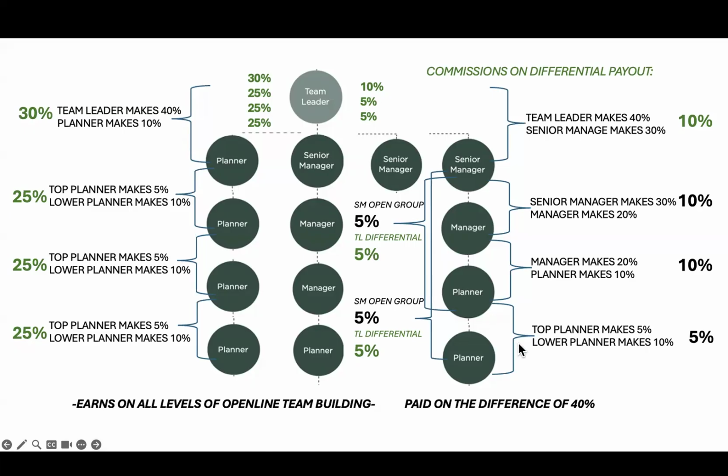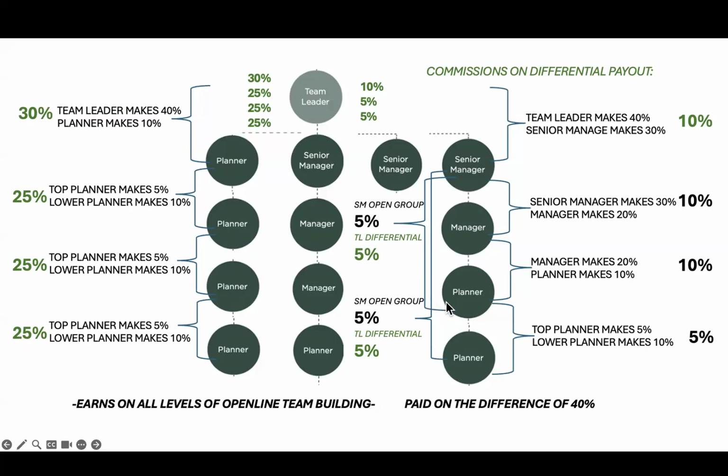A planner only makes 5% on his first level planner, and the bottom planner makes 10% on whatever he buys or sells, right? So there is a 5% payout that goes to the third planner, and because of that, the planner on the third level and the planner on the fourth level is also SM open group.